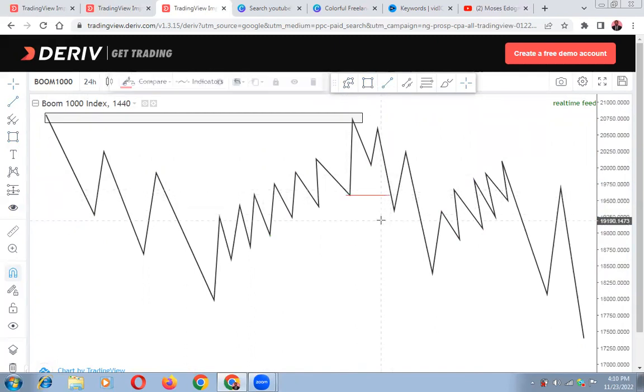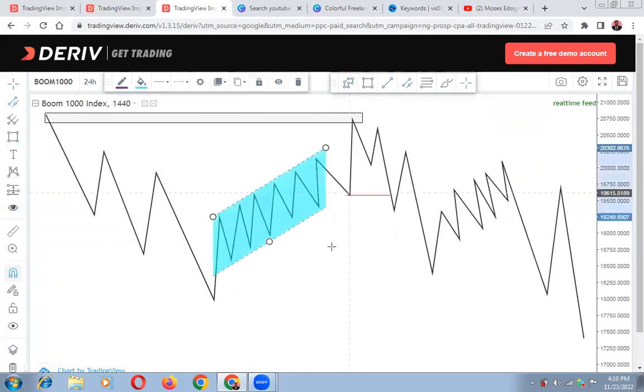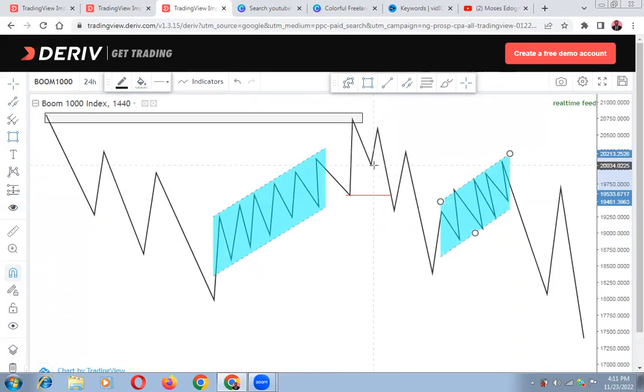So it's a break of structure for me. Just coming lower low, lower high, lower low, lower high, lower low, and then price begins to go in. This might be what I call a flat pattern. Whichever way, it just goes in that tunnel.